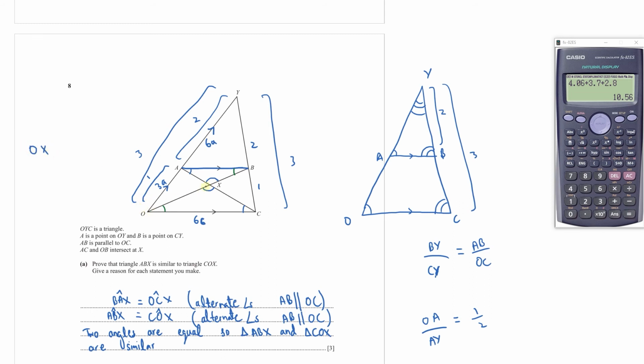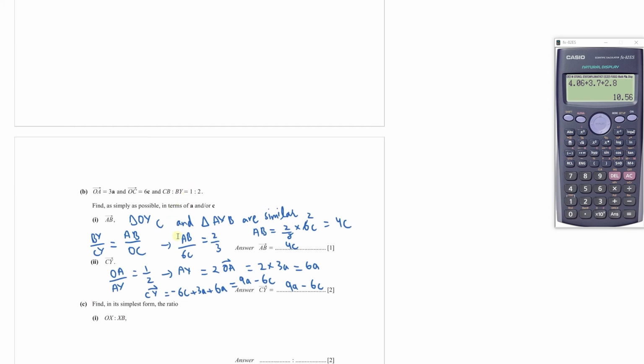The ratio OX over XB will equal the ratio OC over AB. OC in this triangle and AB on this upper small triangle. We already have OC as 6C, and we also calculated AB as 4C.